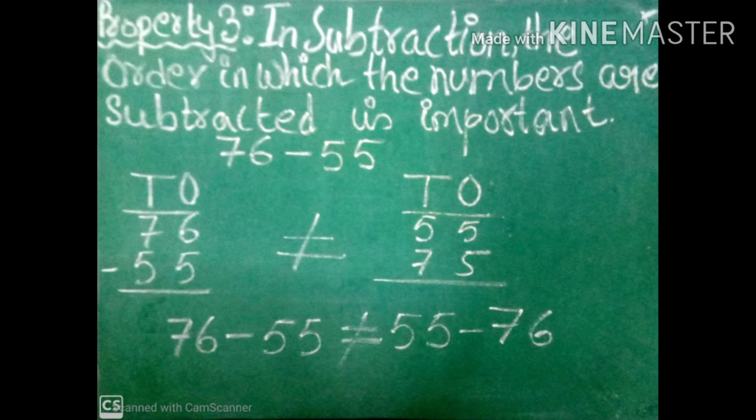These two answers will never be the same. 76 minus 55 is not equal to 55 minus 76. Thus, the order in which the numbers are subtracted is very important.